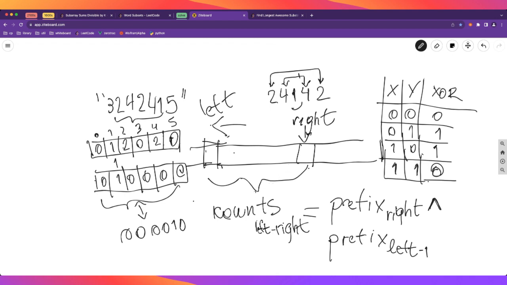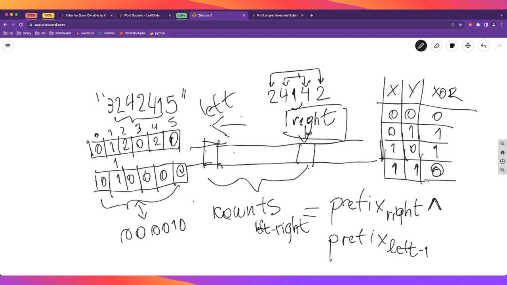So now we figured out how we can quickly find the count for a given substring, but we haven't finished yet because we need to find. So how do we know? Let's say now that we only have right.